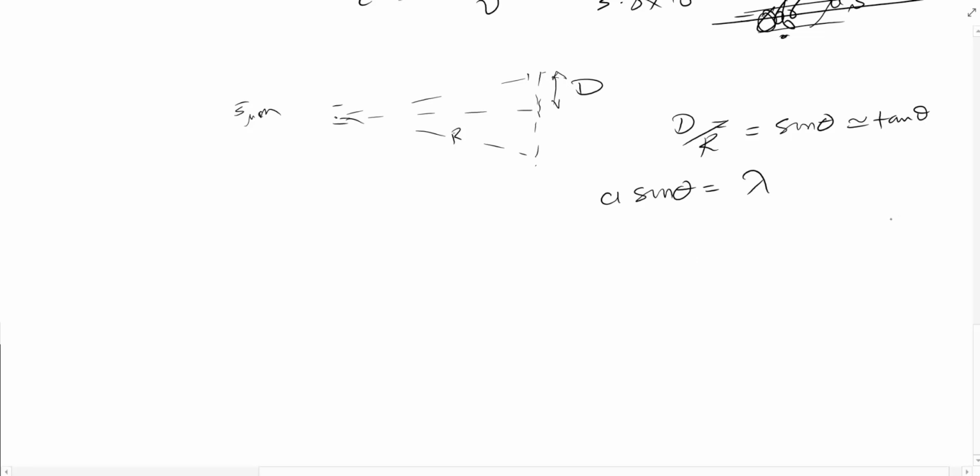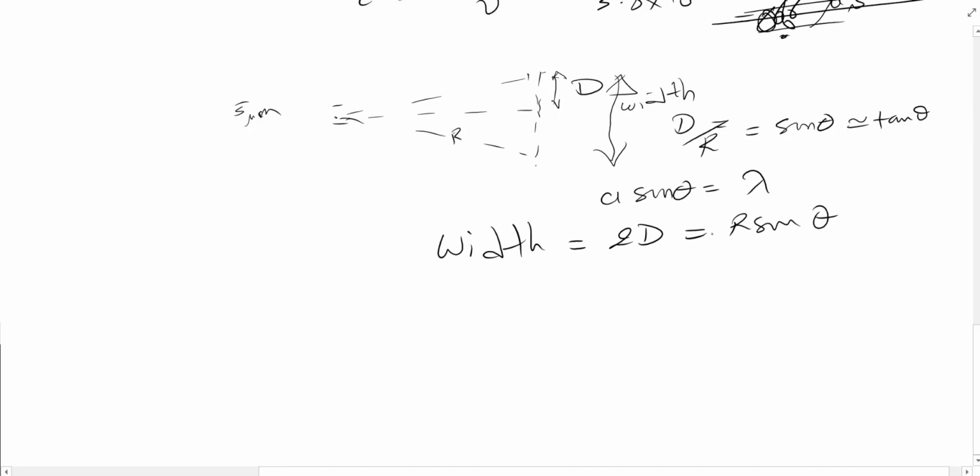So 2d is going to be the actual width in here. I'm going to call the width 2d, and from that expression it's r sine theta times 2, of course, and sine theta is roughly tangent of theta.